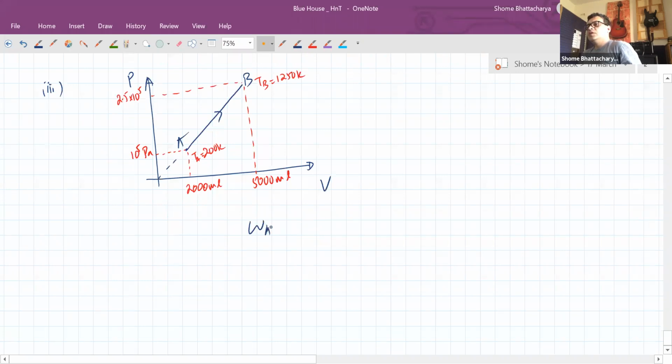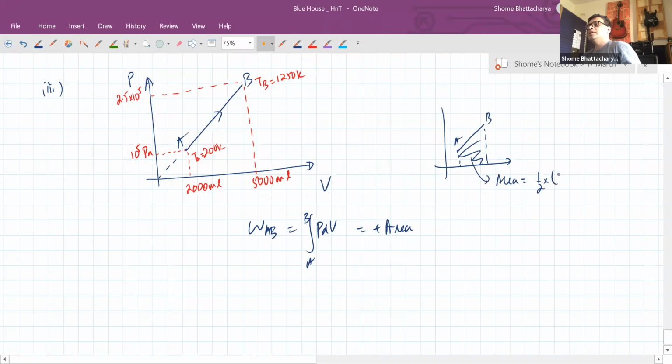So work done from A to B is integration PdV. So that will become positive of that area, but area of trapezium. This area.